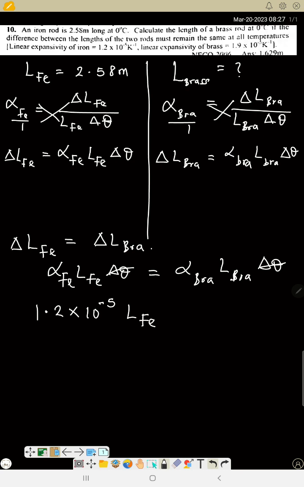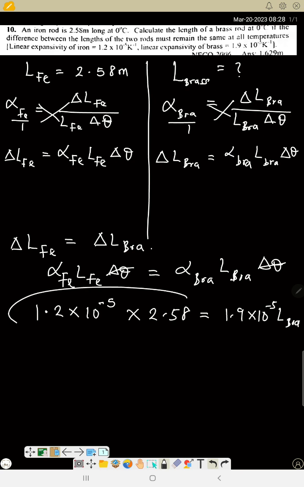Length of iron, do we have length of iron? Yes, that is times 2.58, also given. Length of iron 2.58, and linear expansivity of brass, so this will be equal to 1.9 times 10 raised to the power minus 5 times length of brass. So that's what we are looking for.